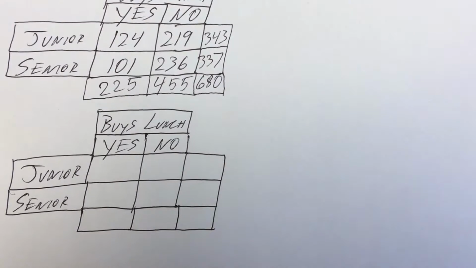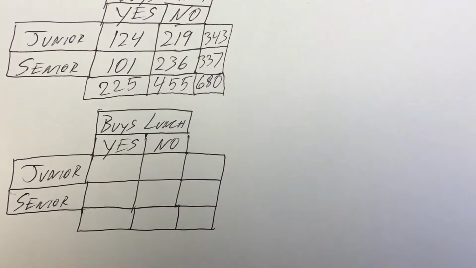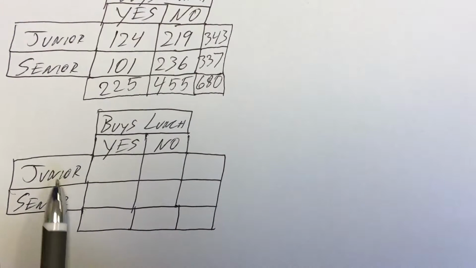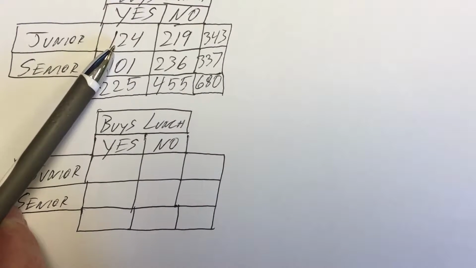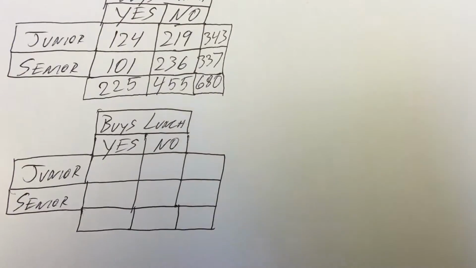In this new table, instead of the number of juniors and seniors and number of yeses and nos, we'll represent the relative frequencies using either decimal points or percents for the amount of juniors and seniors and the amount of yeses and nos. For example, the percent or decimal point for juniors that said yes, they buy lunch. There's 124 juniors that said yes out of 680 total.